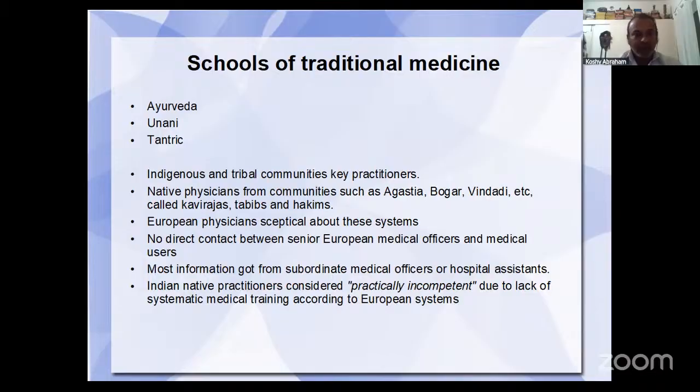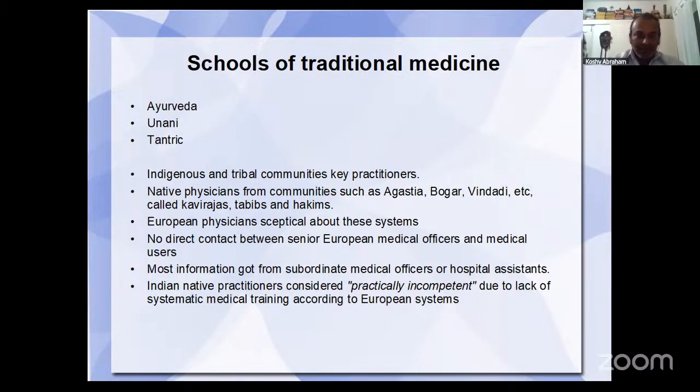They found that the indigenous communities, the tribal communities, the native Indian communities were key practitioners who used cannabis as medicine. They found that there were certain communities who specialized in medical treatment. There's the Agastya community, the Bogar community, the Vindadi community, and the Indian native physicians were called by different names, such as Kavirajas, Tabibs, or Hakims, depending on the communities they came from.